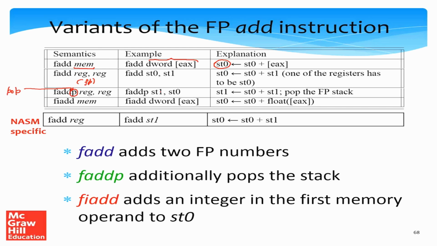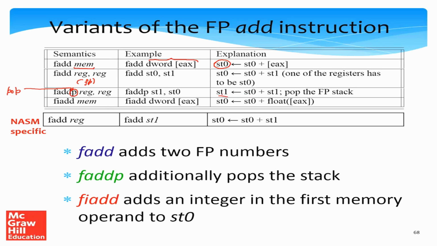So the typical form in this case is that we have some floating point register which is not ST0, typically ST1, but can be others also. And then we store the result in ST1. And so in this case also, it is typically the case that ST0 is one of the operands.